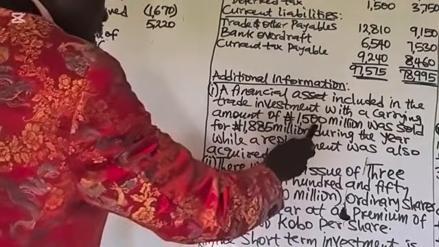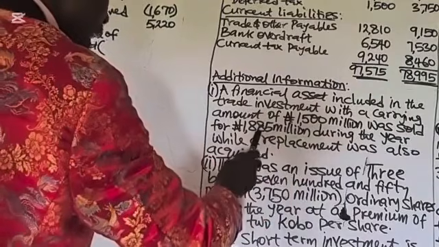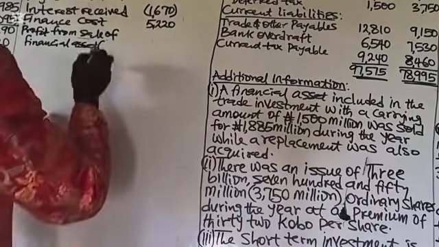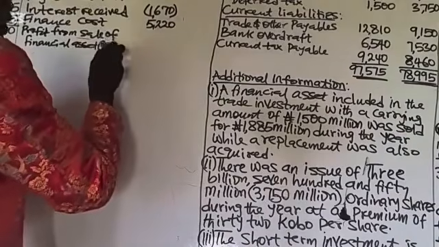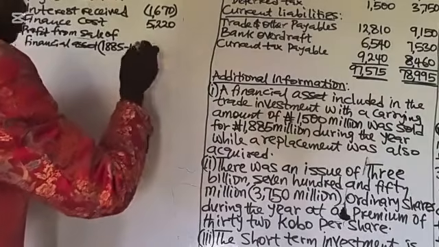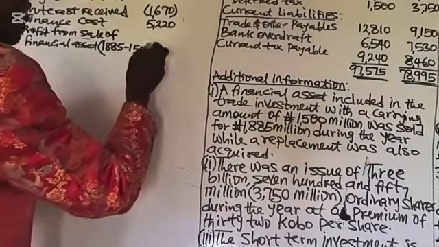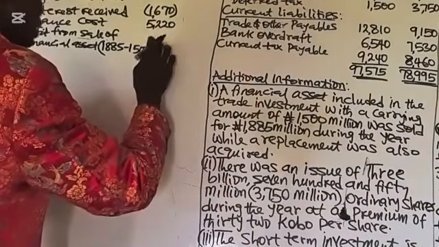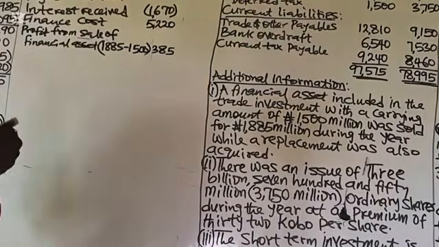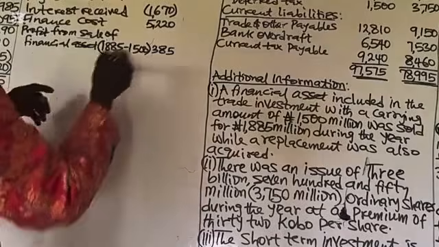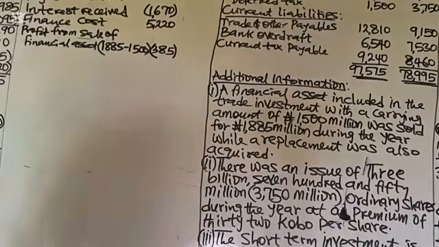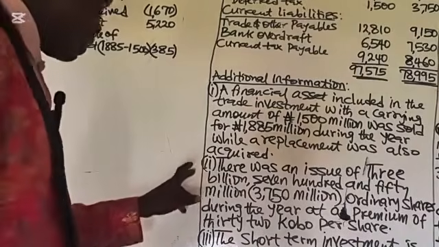The carrying amount is 1.5 billion, and the proceed is 1,885 million. 1,885 minus 1.5 billion, so you have the profit of 385. The profit has increased it. So that is why we will subtract the profit, because profit has increased the profit before tax. So that is for now.